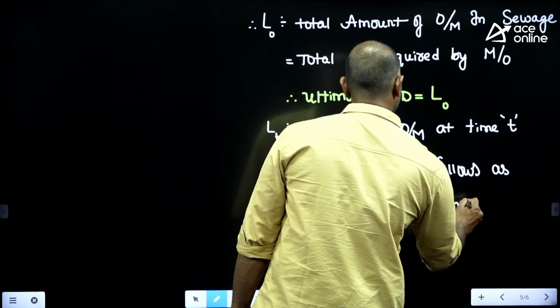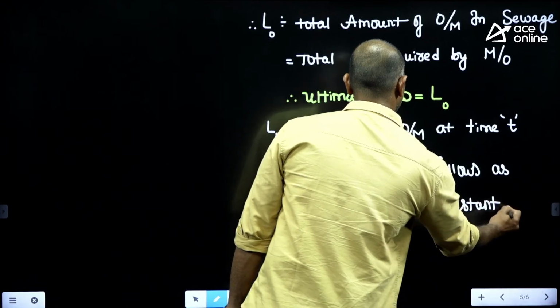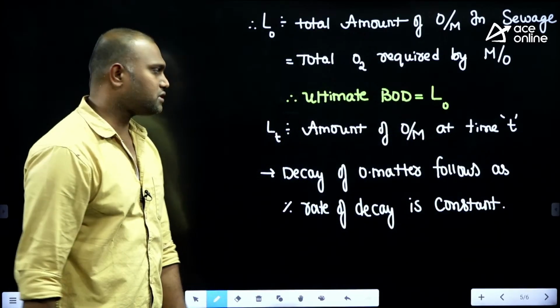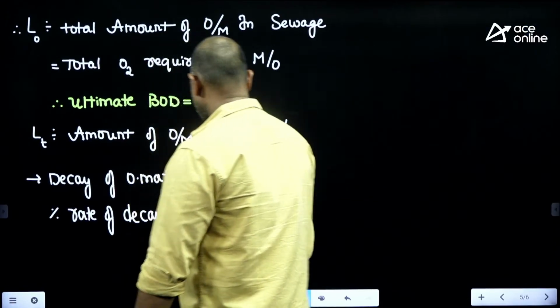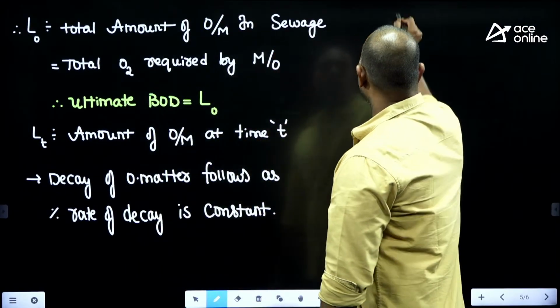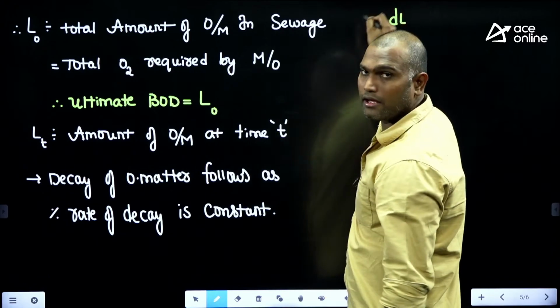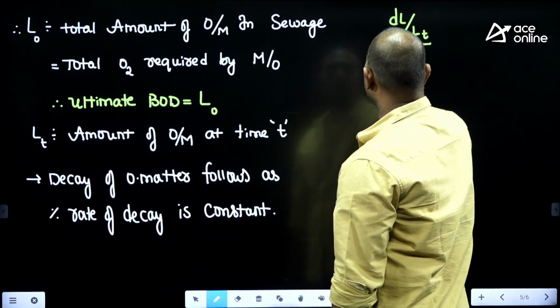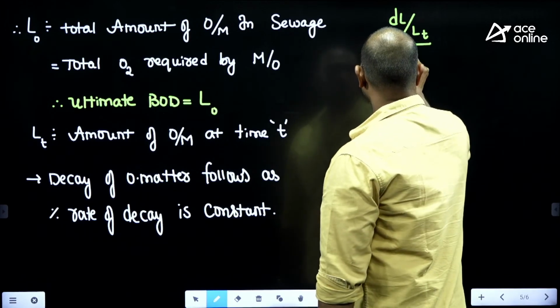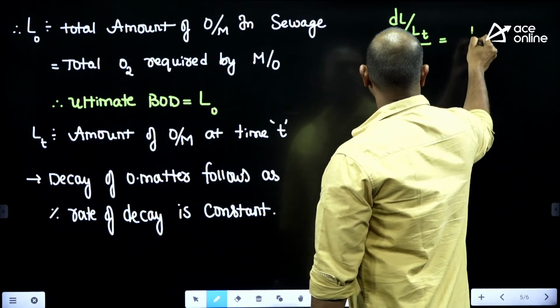Percentage rate of decay is going to be constant. So what is the meaning of percentage rate of decay, sir? The decay dL by L at any time per unit time dt is assumed as a constant, some k.